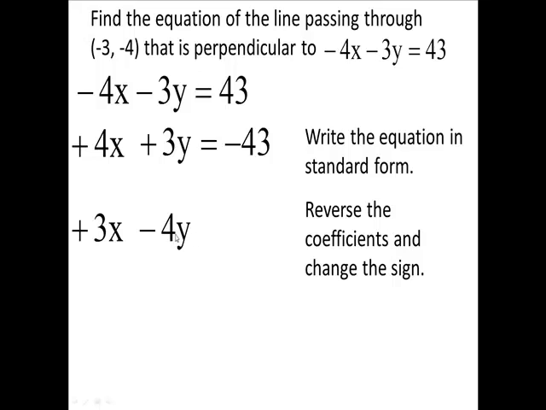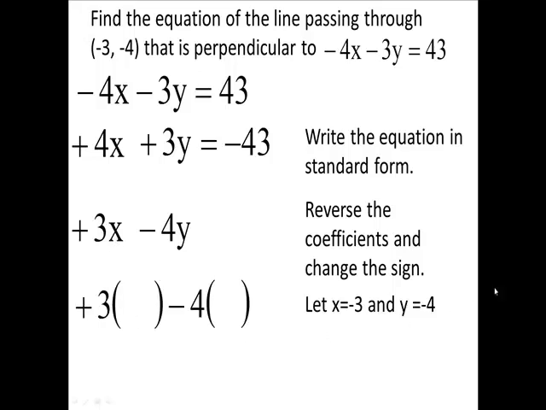The next thing to do, let x be minus 3 and y be minus 4, so I can substitute that point in there. I'll have 3 times minus 3 and negative 4 times negative 4. I'm going to have negative 9 here and plus 16, and that's going to give me a 7.